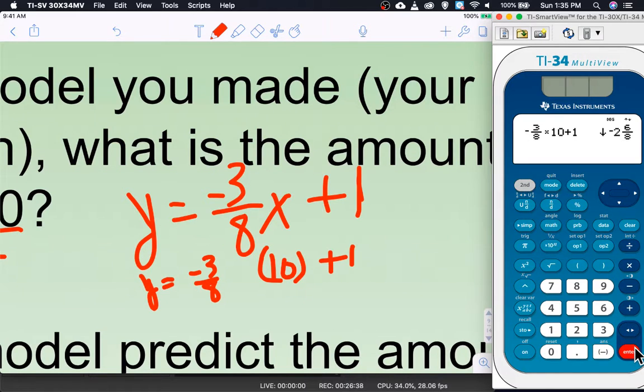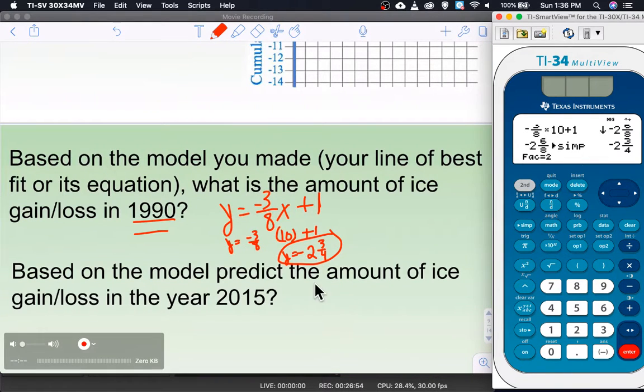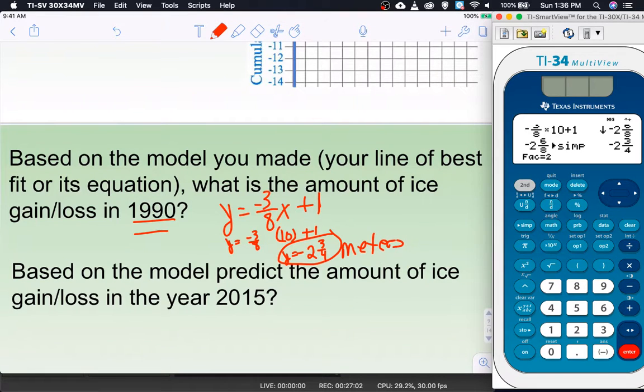I do get y equals -2 3/4. I simplified that fraction in my head. I can tell the little arrow thing means it does simplify, and I can simplify it this way. It is 3/4. So they lost, negative number, they lost 2 3/4 meters of ice.